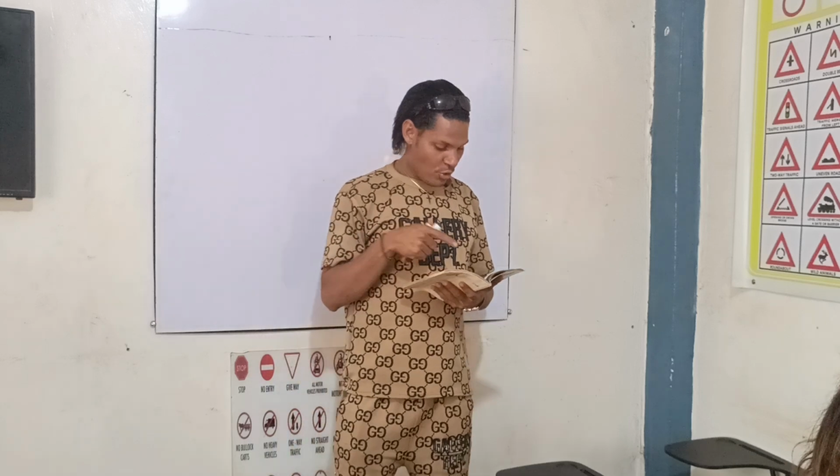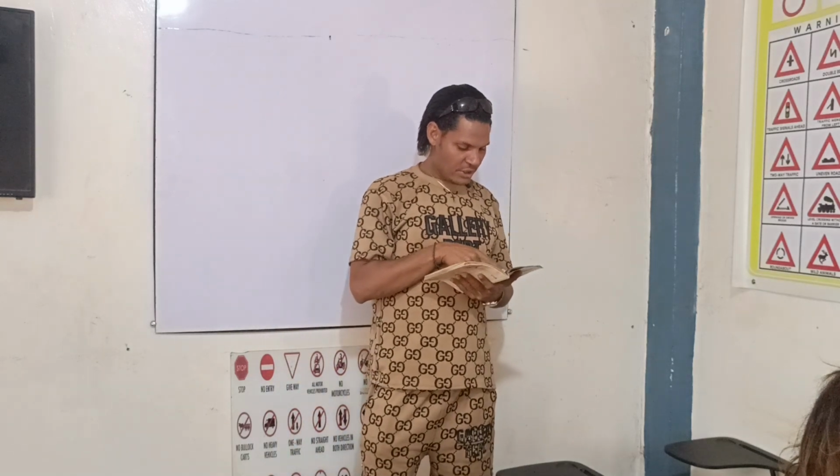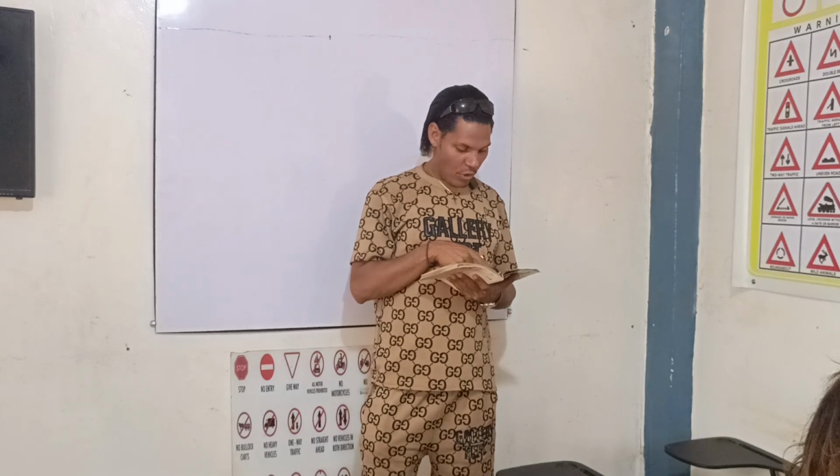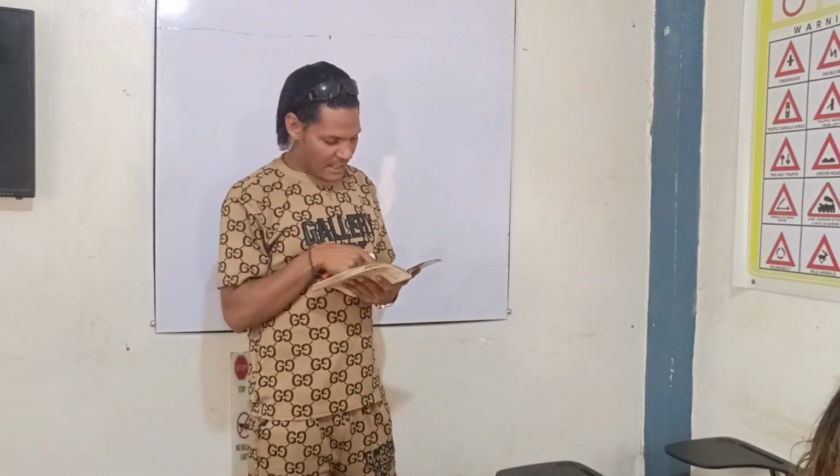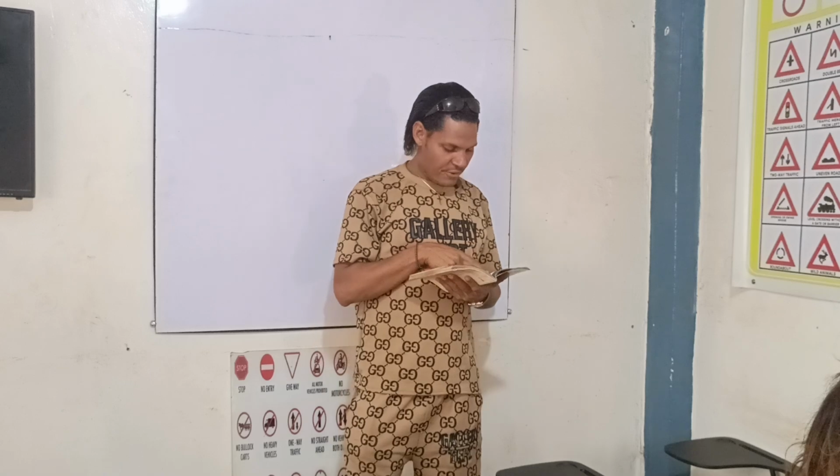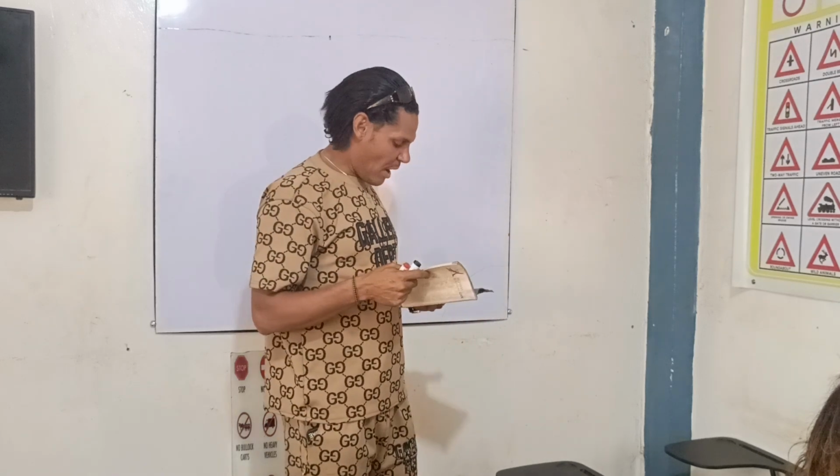Check the road. These are the points under here: check that the road is clear, watch out for other users and understand their intentions, and respect the rule of priority.